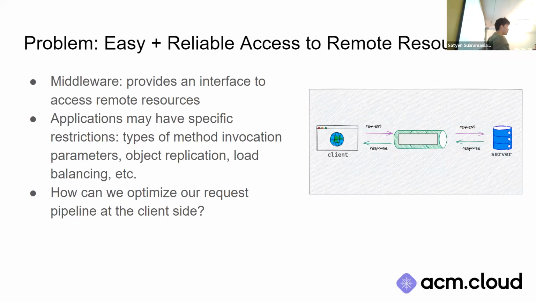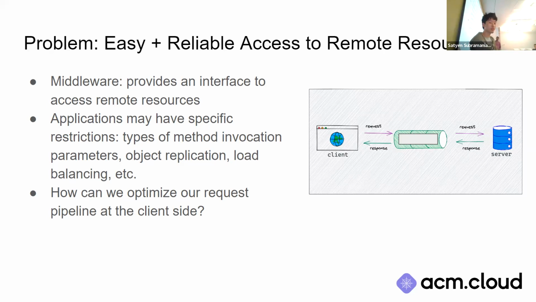Okay, and so the next one that middleware tries to solve is how do we access remote resources very easily and very reliably. So middleware provides an interface that allows you to access remote resources. Now, these applications might have specific restrictions, like how do you invoke the functions with various parameters? What about object replications? How do you maintain consistency between them?